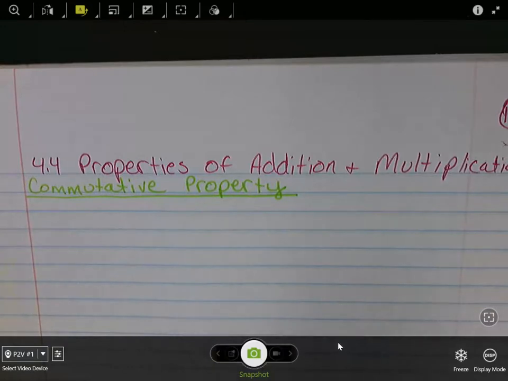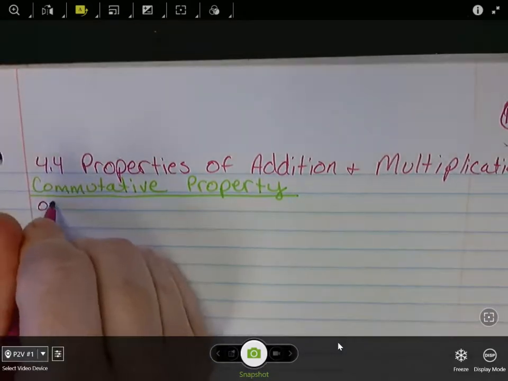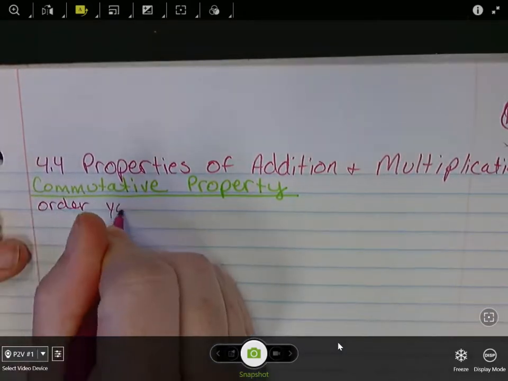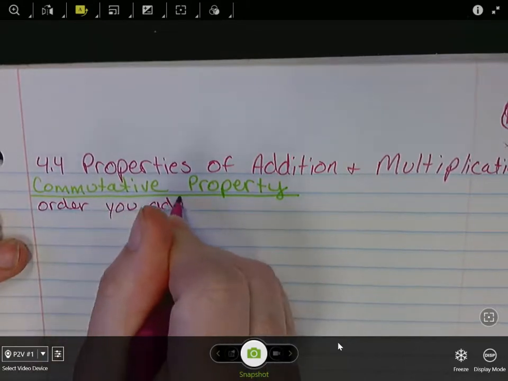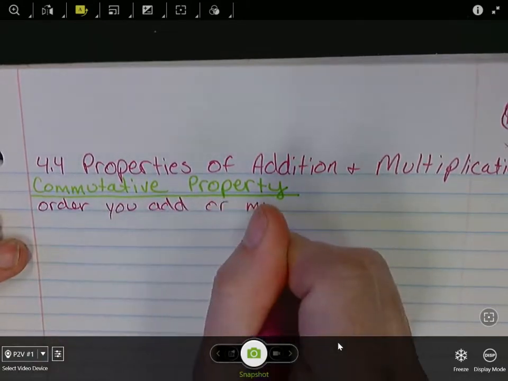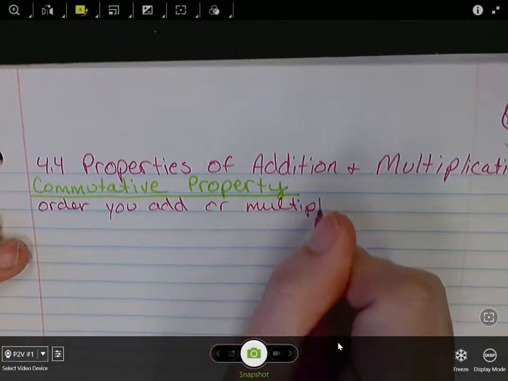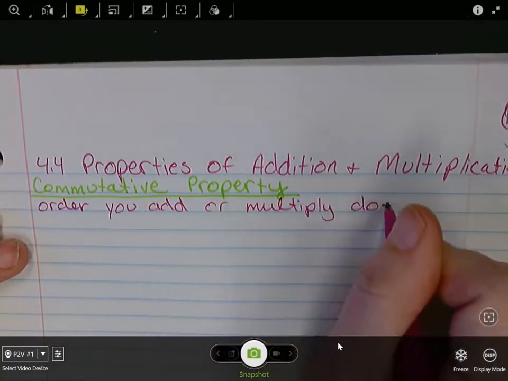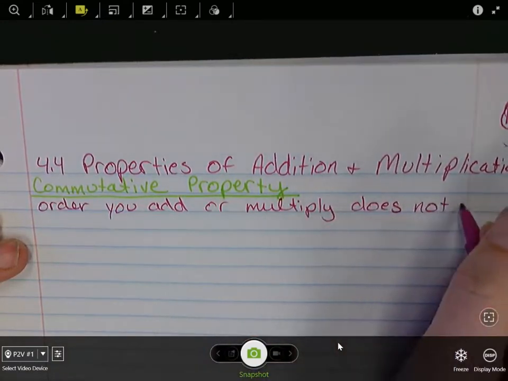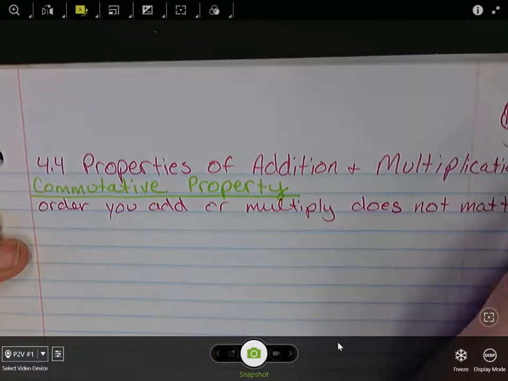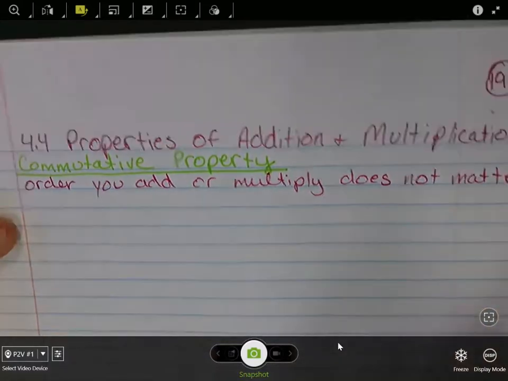Commutative property means that the order you add or multiply does not matter. You'll still get the same answer. Okay, so the order does not matter.